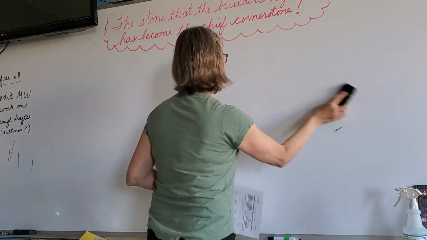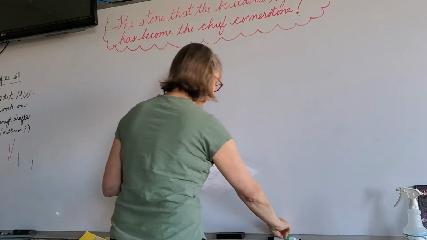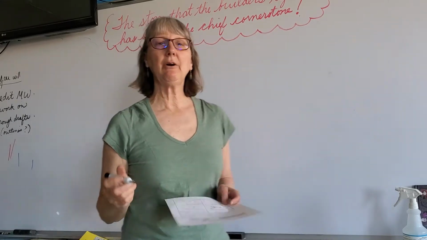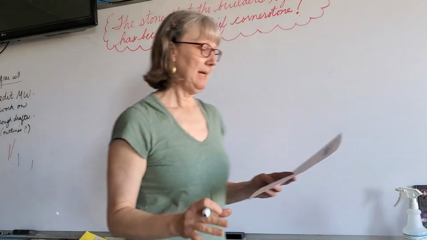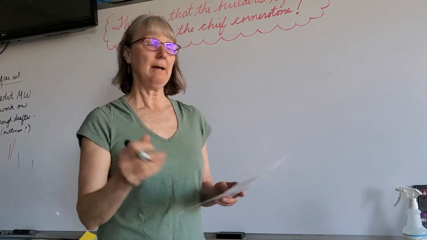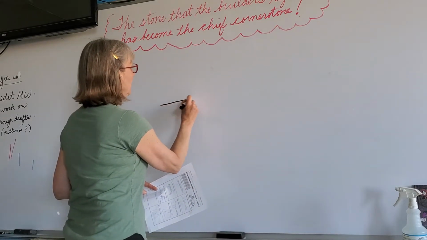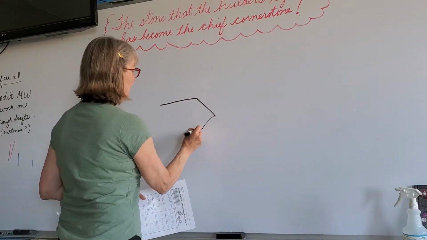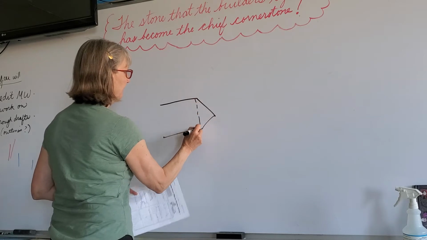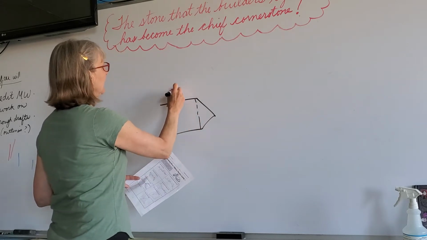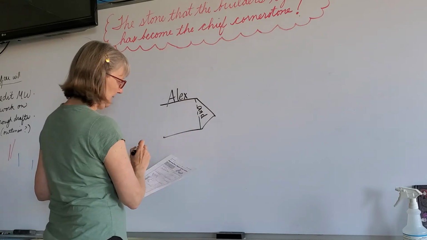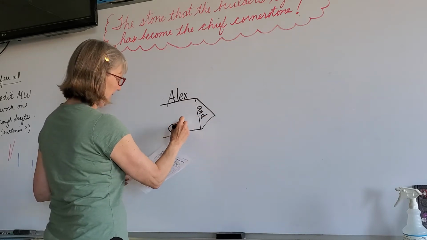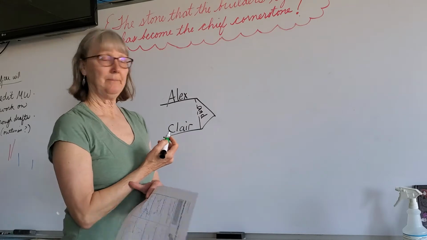The next one is a little different, but you can probably think it through. Alex and Claire are making a map. Alex and Claire is a compound subject. So we're going to have to make one of those little arrow things. We have Alex, and is our conjunction, Claire.